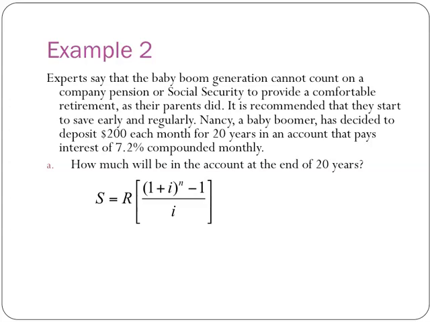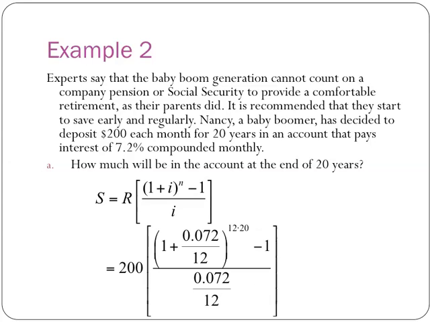Now remember, interest is going to have to be 0.072, but it's compounded monthly, so we're going to have to divide that by 12. And then the number of periods, well, it's compounded monthly for 20 years, so that's 12 times 20. Now simplifying this, we end up with $106,752.47.